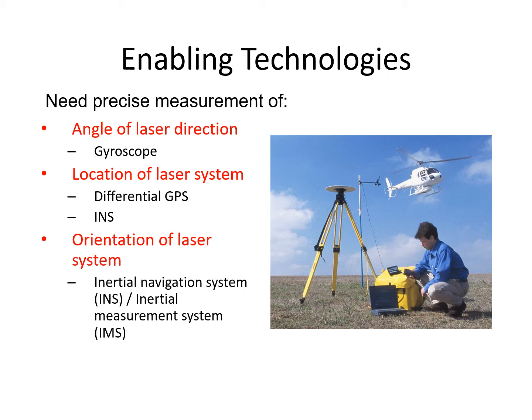And you have to have that because you have to have this orientation of the laser system. Not only do you need to know where it's pointed and where it's at, you need to know the direction it's moving and how it's moving, because you have to have the exact position of all these signals and take into account the movement of the aircraft.